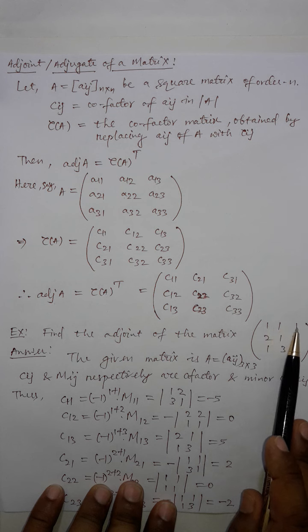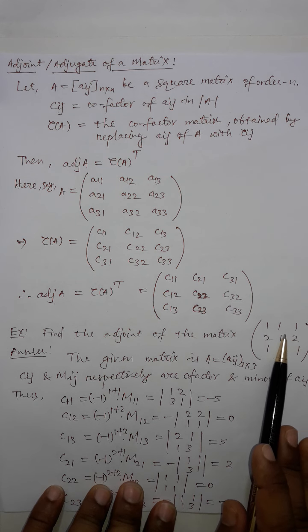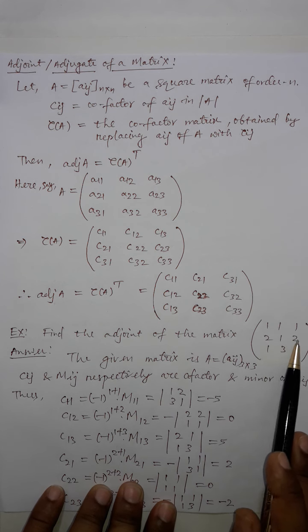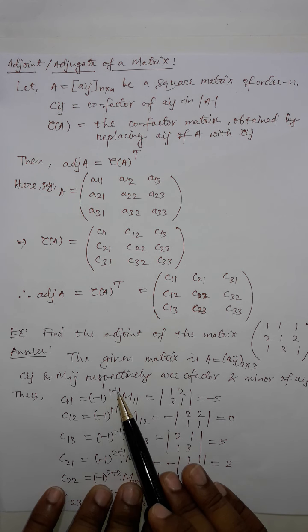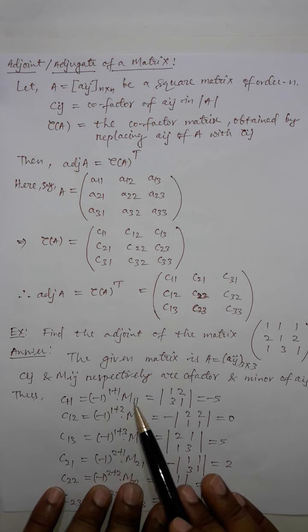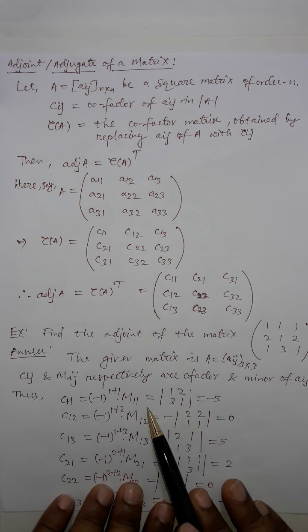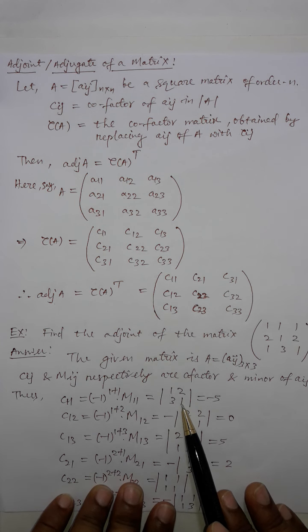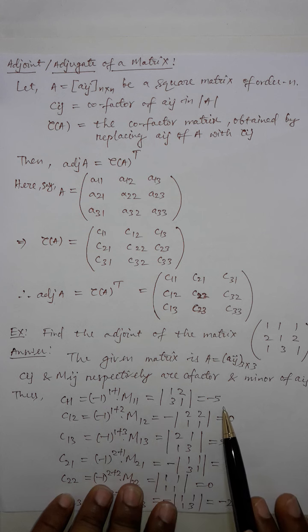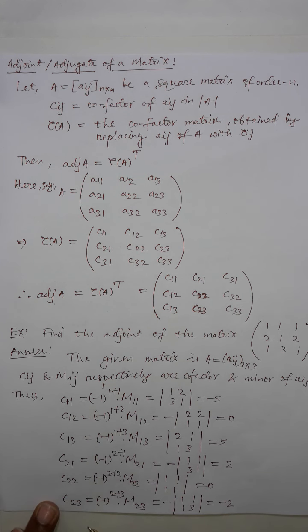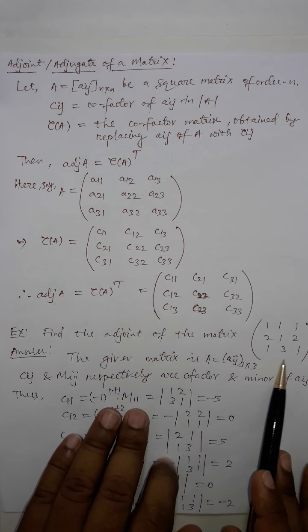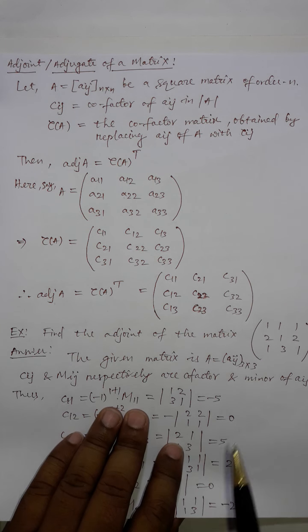If you remove the first row and first column, you get the determinant of 1 2 and 3 1, that is the minor. Minus 1 to the power 1 plus 1 is positive, and after calculating this determinant you get the value of C11 as minus 5. Similarly, we will find all the cofactors of each and every element present in the matrix.